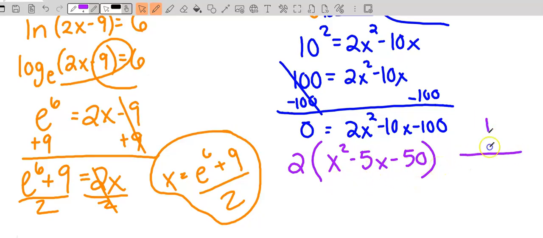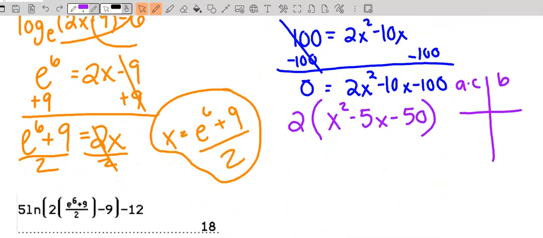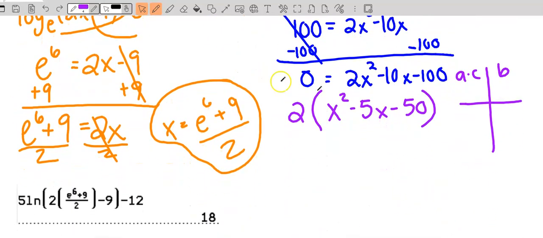So to the side, let's do our t-chart. Now again, if you guys are already hating me, we already know the answer is 10. You know how to do it in the calculator. But let's remember factoring. So we're going to figure out what multiplies to get negative 50 that adds to get negative 5.